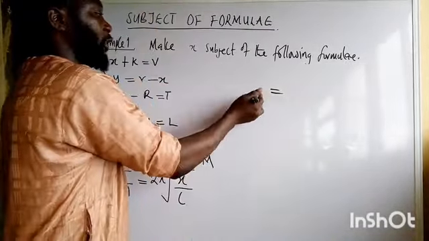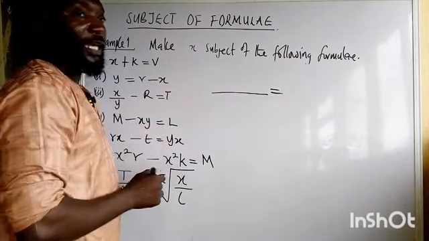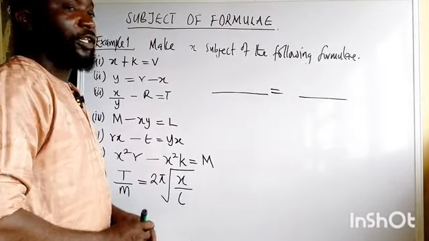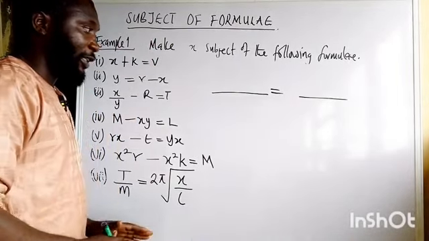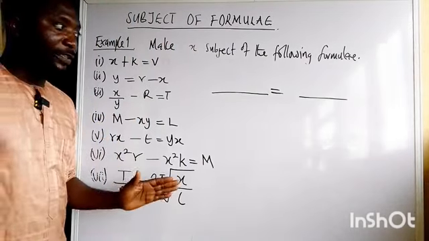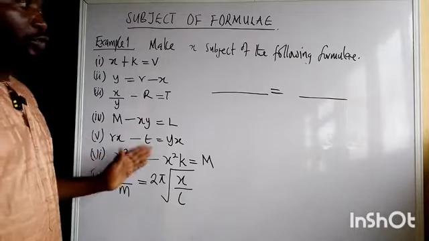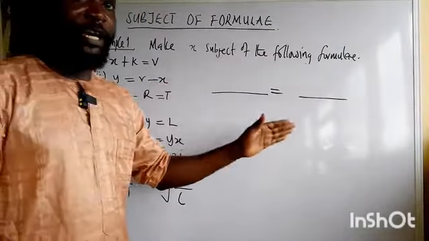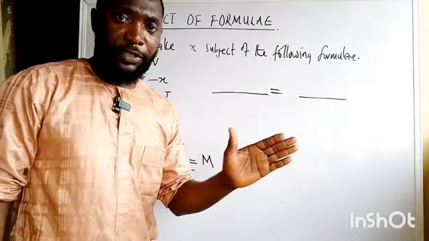You ensure that those with x will be on one side, those without x on the other side. And you will still follow that order: the one that is added or subtracted, you first remove them before you consider those ones that are joined to x by either multiplication or division.